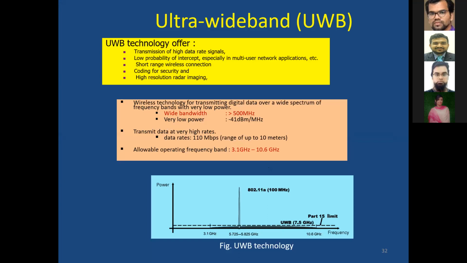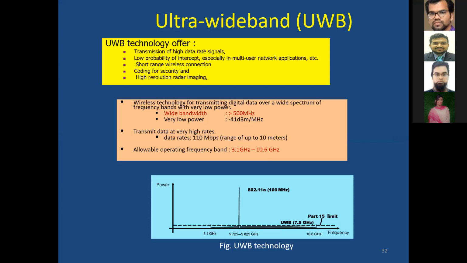This technology offers transmission of high data rate signals, low probability of detection, short range wireless connections, and high resolution for radar imaging. For example, the frequency can operate from 3.1 to 10.6 gigahertz, a pretty wide frequency coverage.